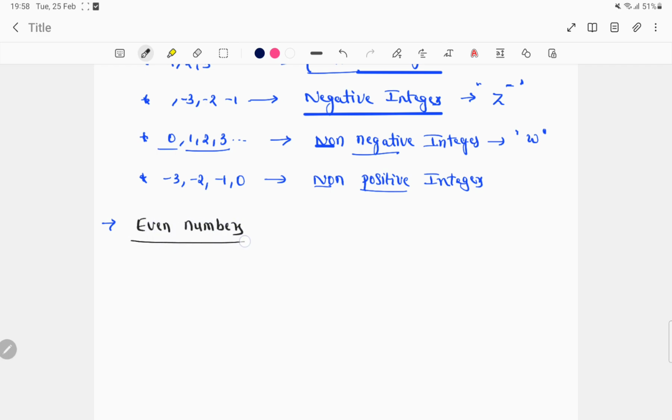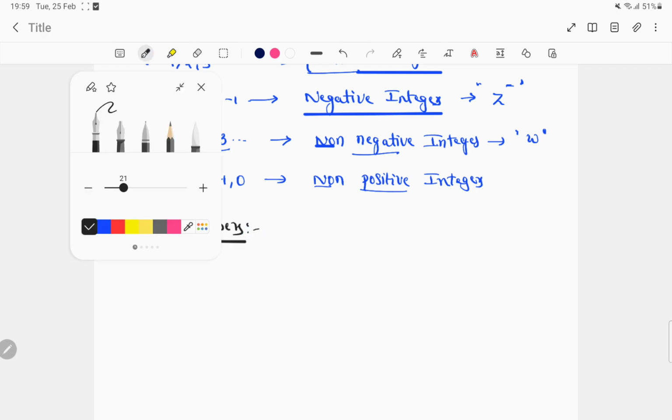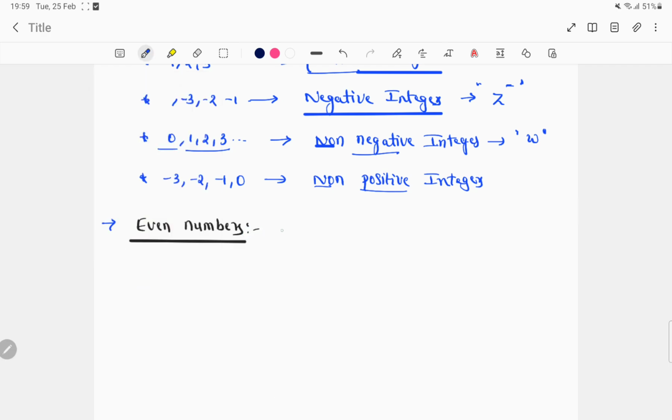Even numbers. So what are even numbers? A number which is exactly divisible by 2, that means the remainder is 0.